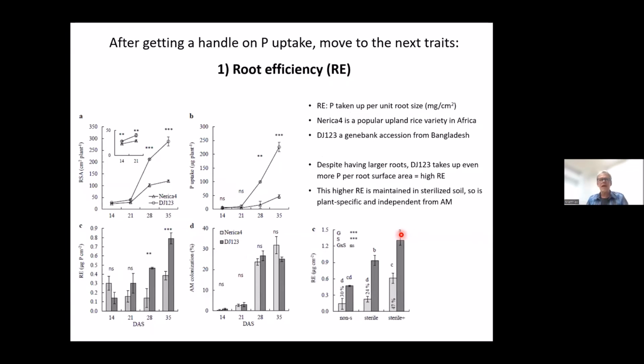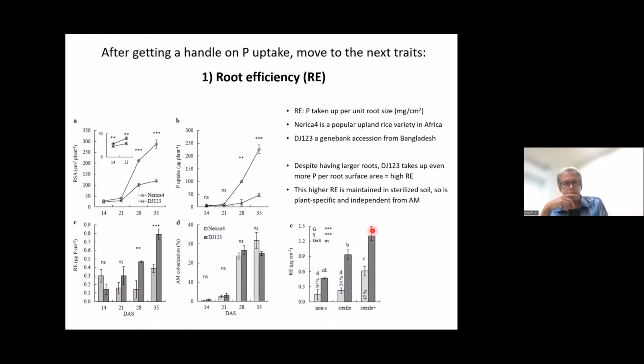Anyway, after having gotten a handle on how to possibly improve phosphorus uptake, it was time to move to another trait, and I call it root efficiency, which I define as the P taken up per unit root size. The first gene, the PSTOL1 gene, increased root size. Now we want to make roots more efficient, hopefully. A lot of these studies are based on NERICA 4, a popular upland rice variety in Africa, but that lacks adaptation to phosphorus deficient conditions.